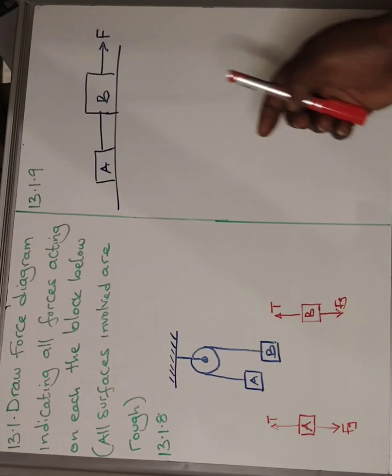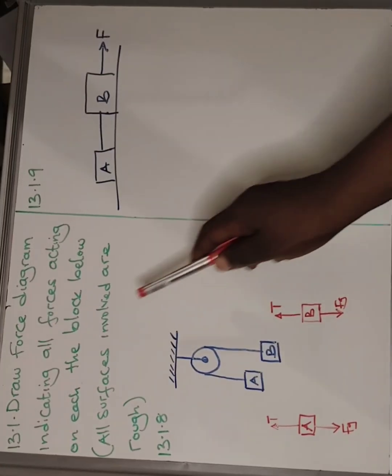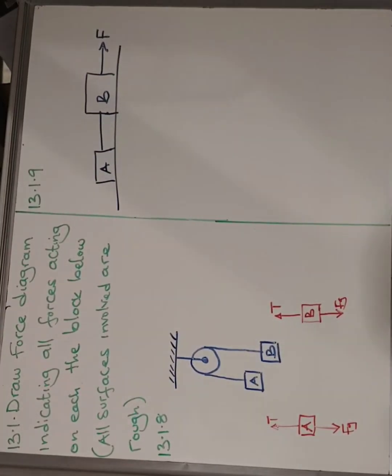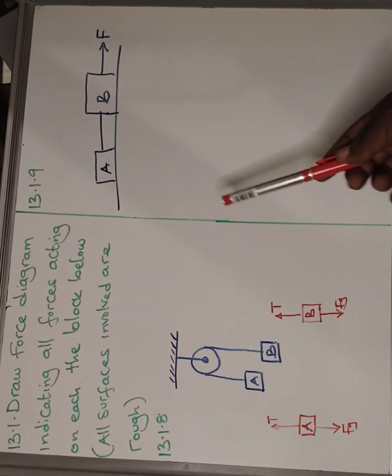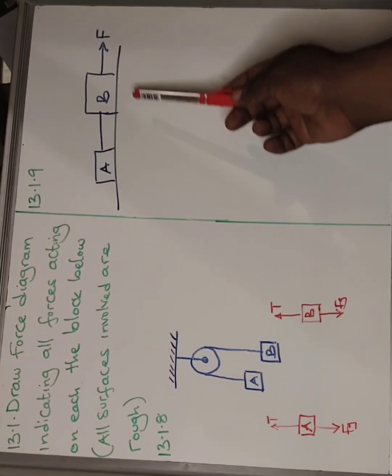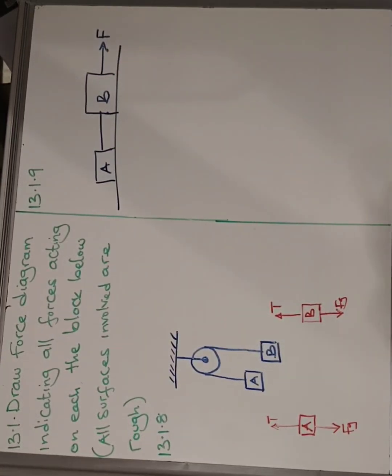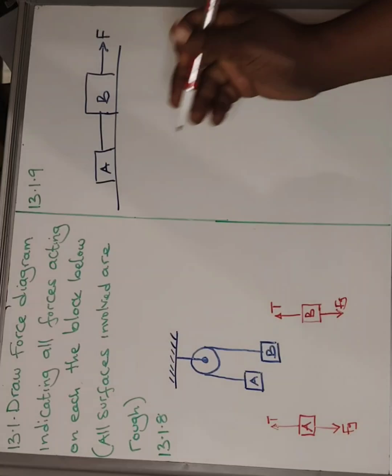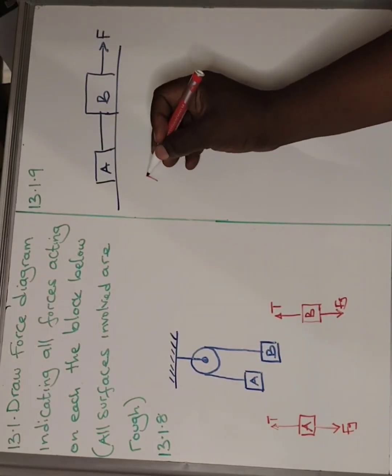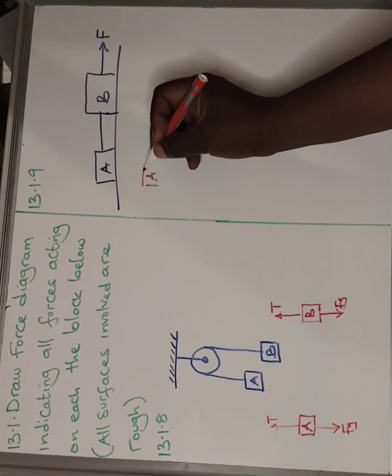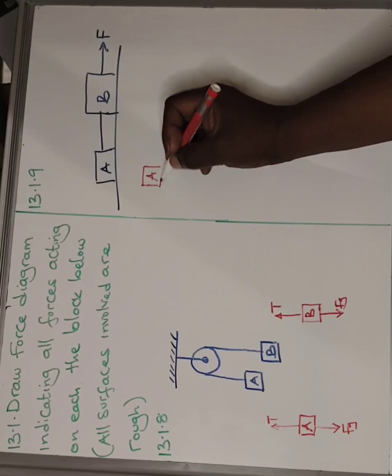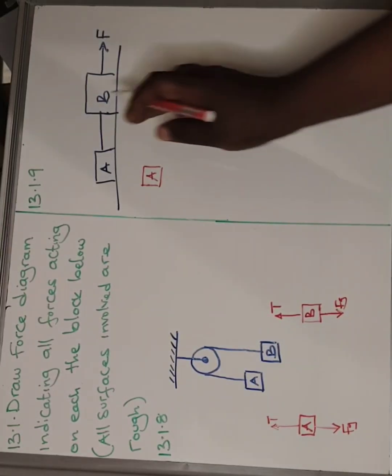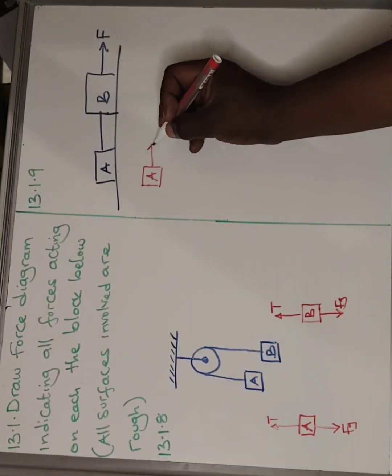So comes this question. What do we need? A force diagram indicating all the forces on A and B. Let us look at the forces on A. There's a string which brings in the tension.